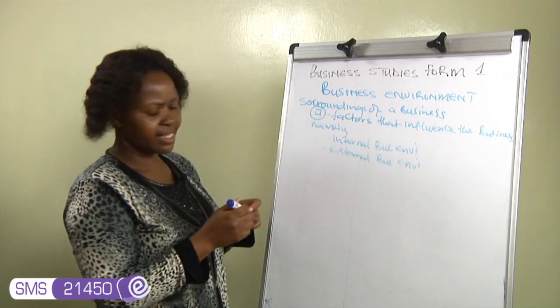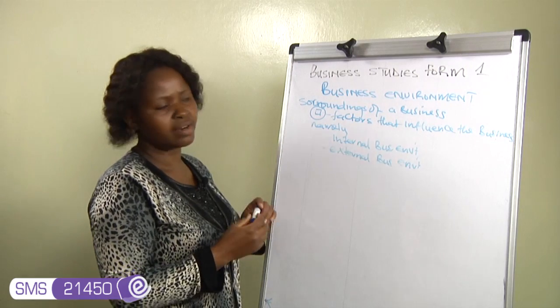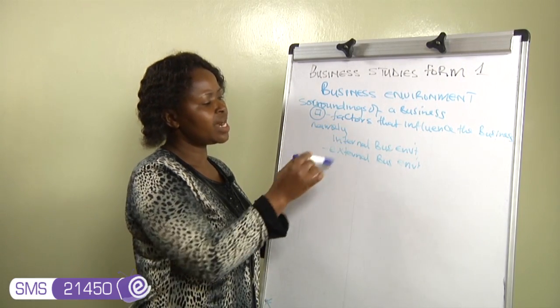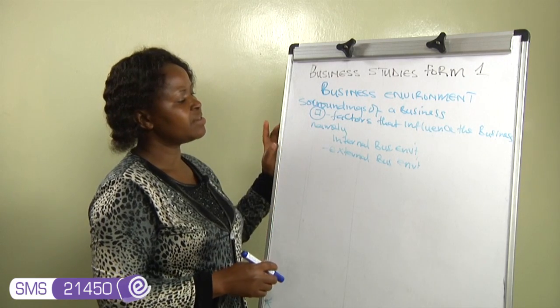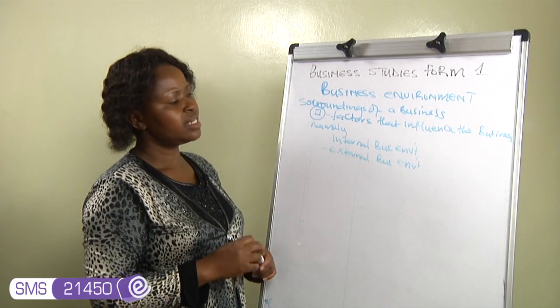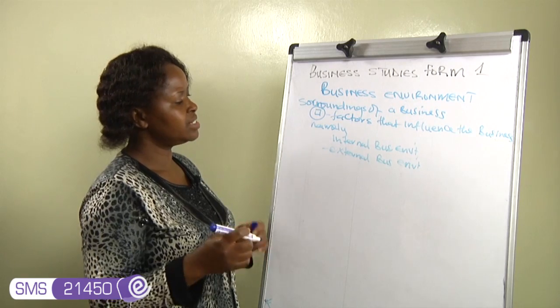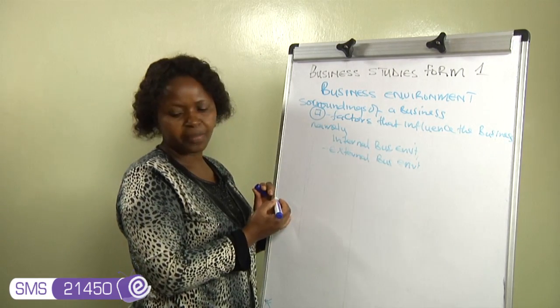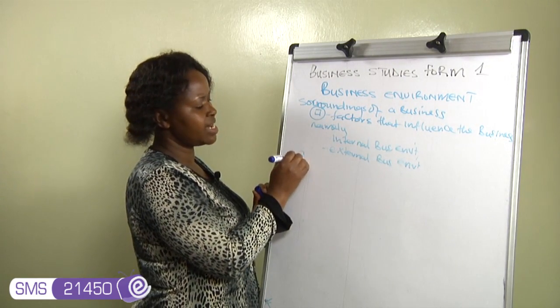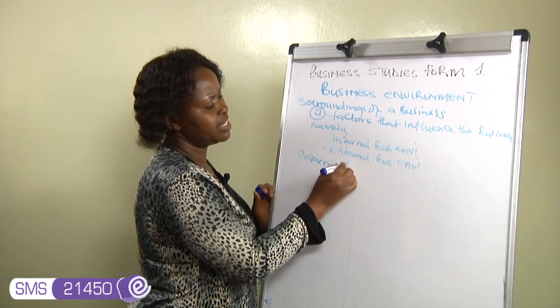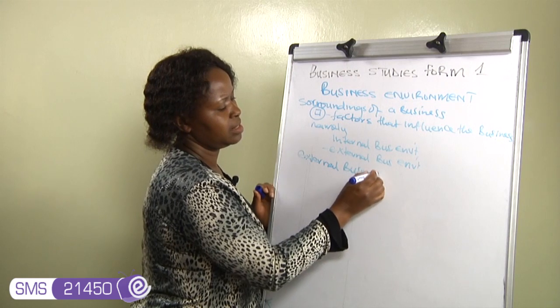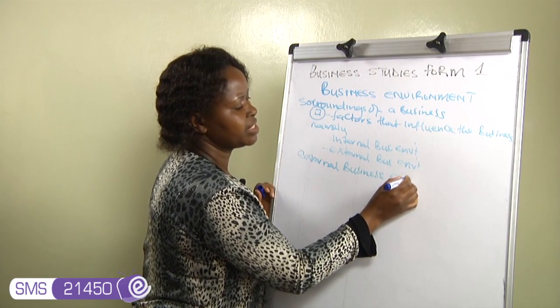In our next few lessons, we are going to talk about these two environments. We look at the factors that each one is comprised of. And we start by looking at the external business environment.